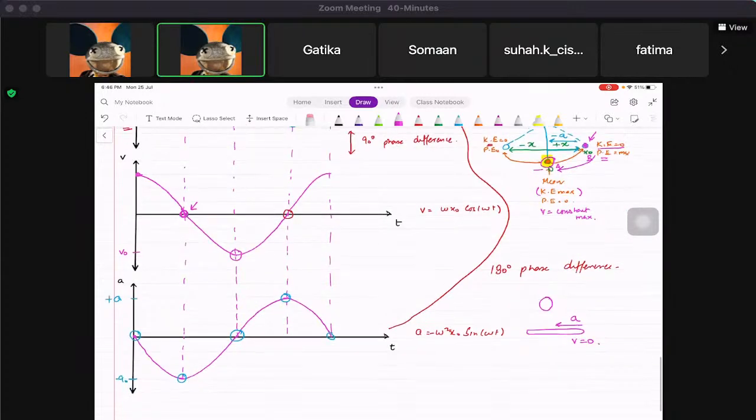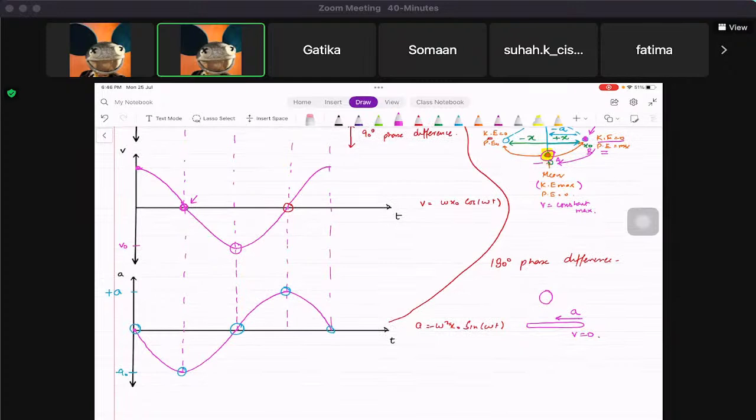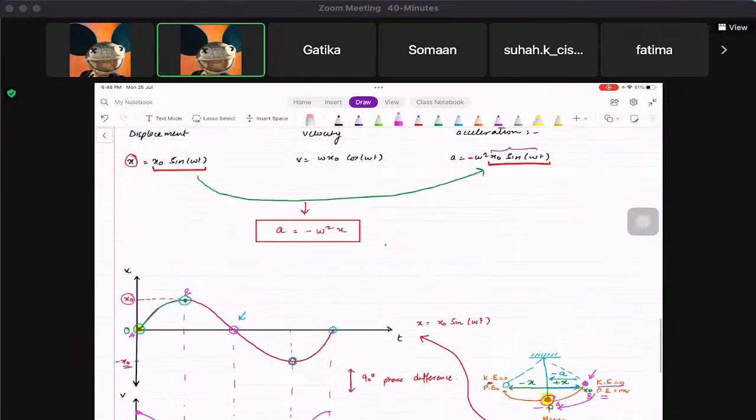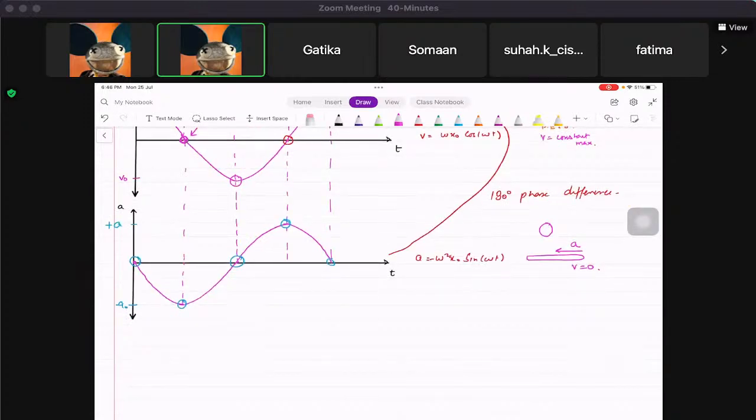The last thing we're going to do is a question. I just want to show you how to deal with it if they give you another equation. So let's do a question and then we're going to continue tomorrow.